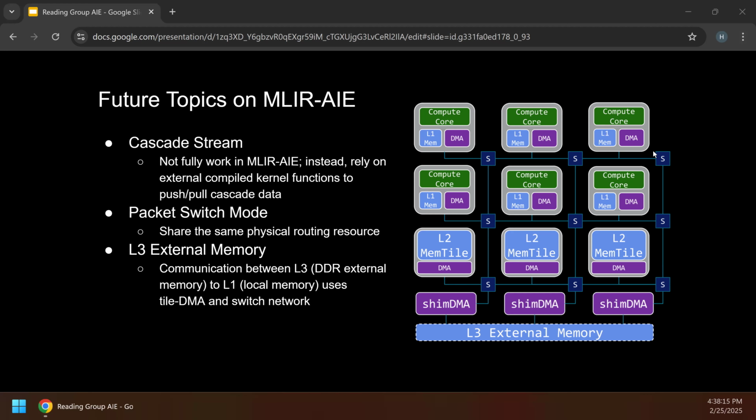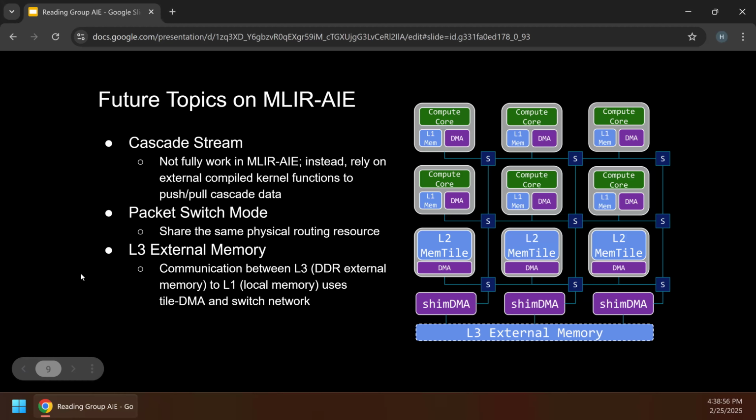In the packet switch mode, we use pre-appended packet headers to send a packet from switch box to switch box. In that case it works similar to the circuit switch mode, but with some additional headers and also the signals for that. I can prepare more for this part, maybe in a future reading group.